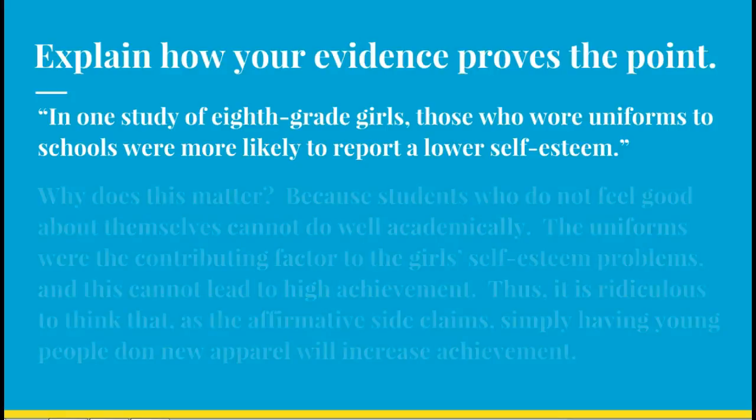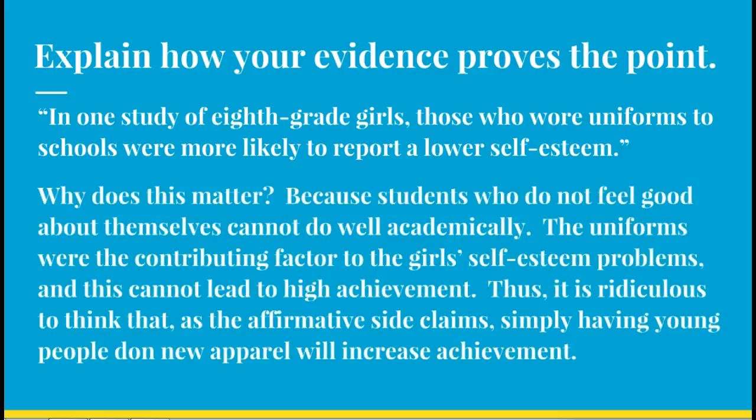So it's my job to do the dot to dot and come up with an explanation like this. Why does this matter? Because students who do not feel good about themselves cannot do well academically. The uniforms were the contributing factor to the girls' self-esteem problems, and this cannot lead to high achievement. Thus, it's ridiculous to think that, as the affirmative side claims, simply having young people don new apparel will increase achievement.